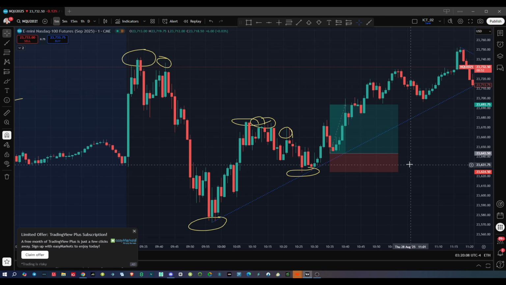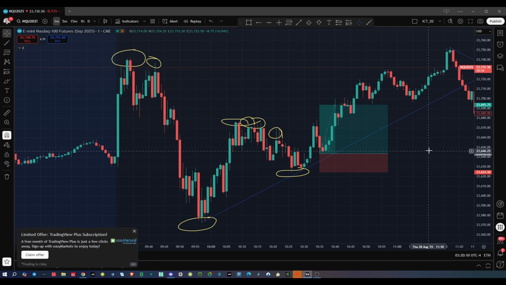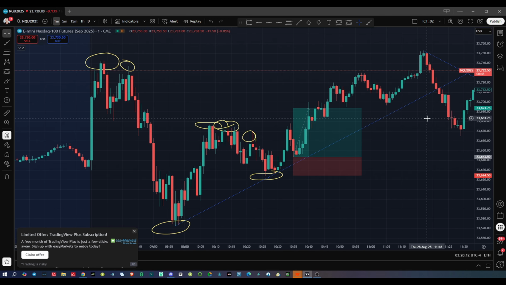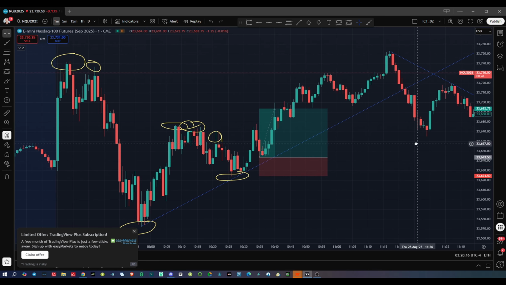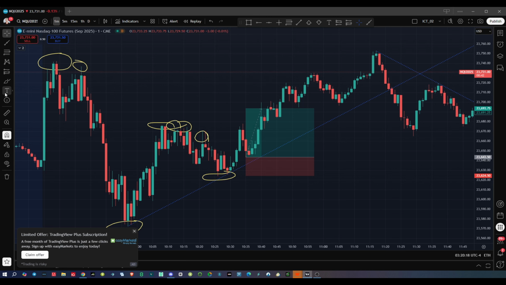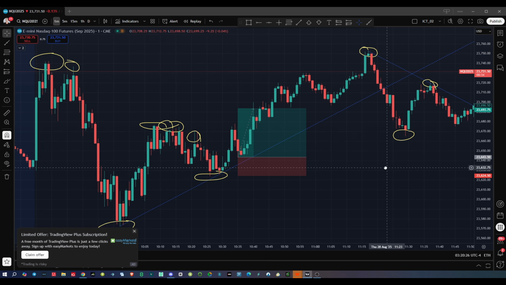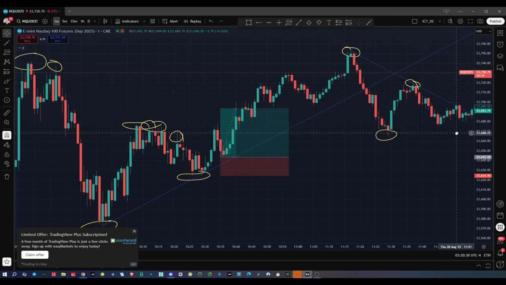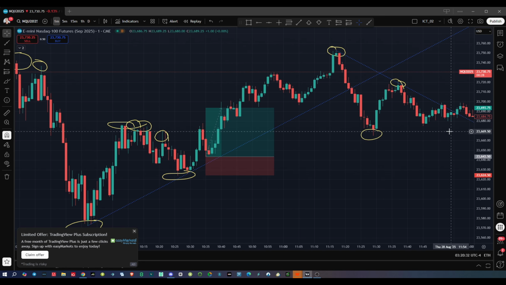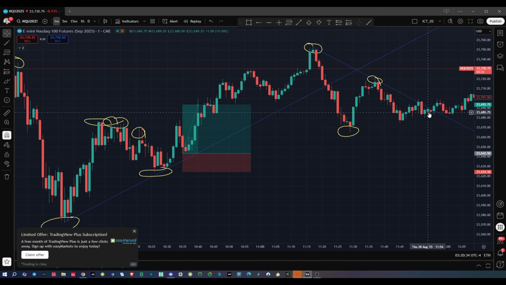Just looking at it, see, it broke this trend line, and that's also standing out now. So it's this one, this one, this one. Let's move forward. You could have taken that short, not really working, breaking through.